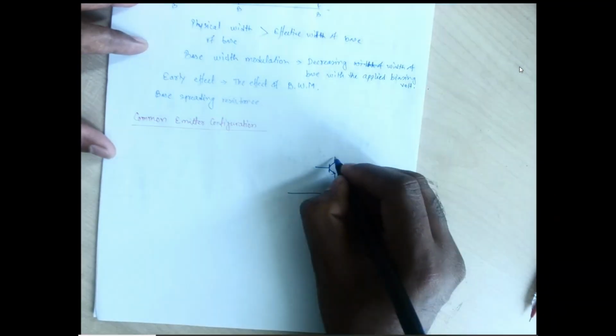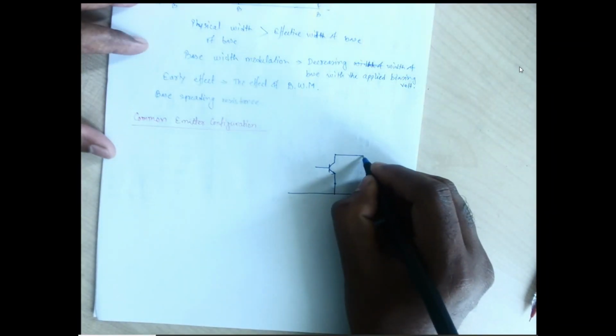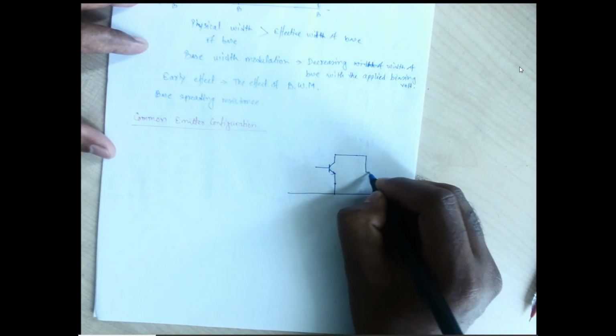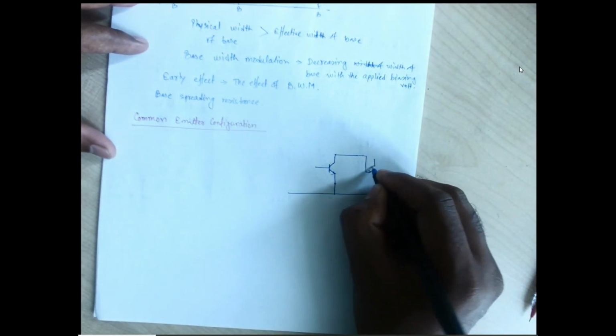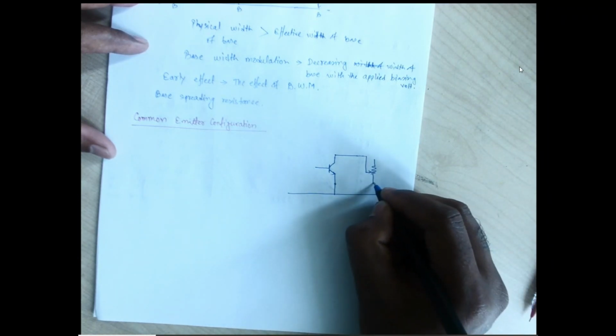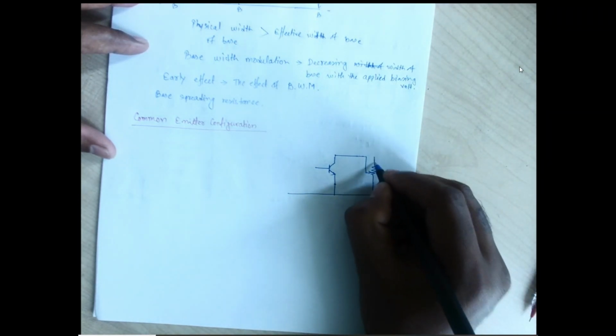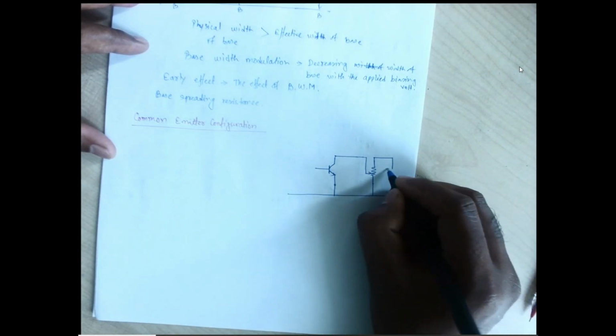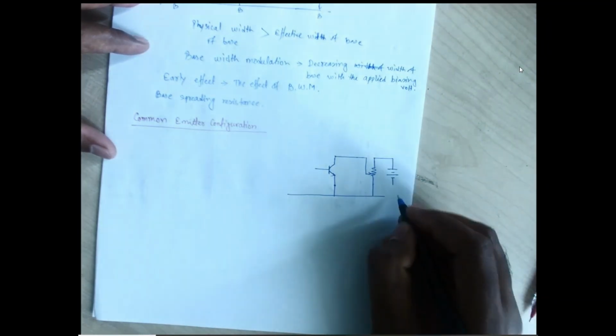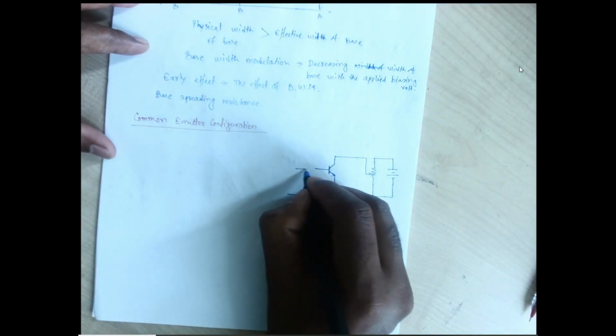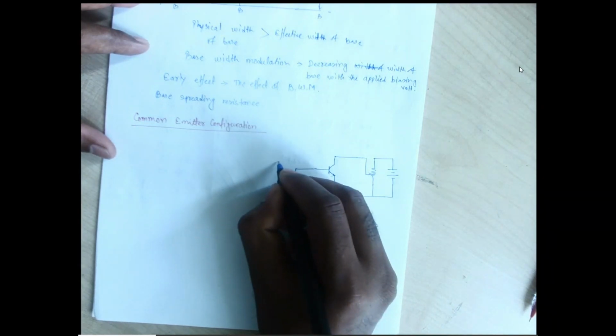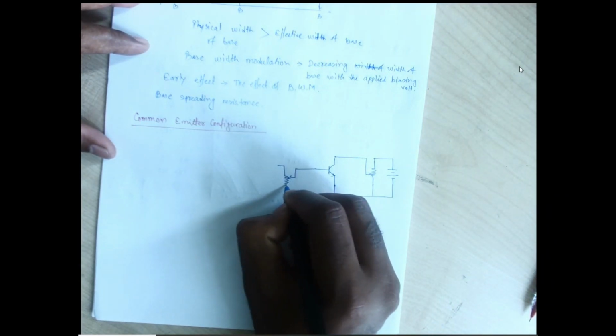So this is our emitter terminal. It will be common in the input side as well as in the output side. So that is what the collector is. That can be connected with a variable resistor where this one will vary. Same, this one can be connected with a variable resistor.